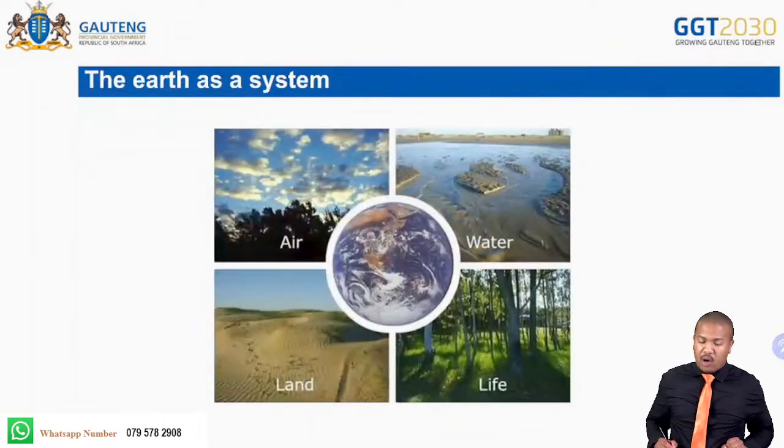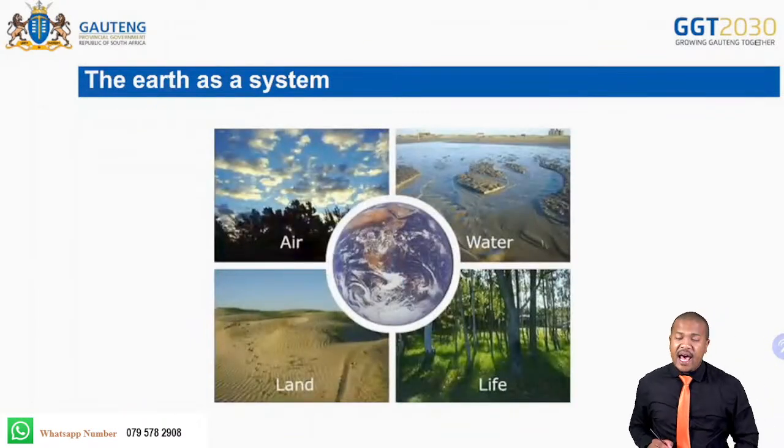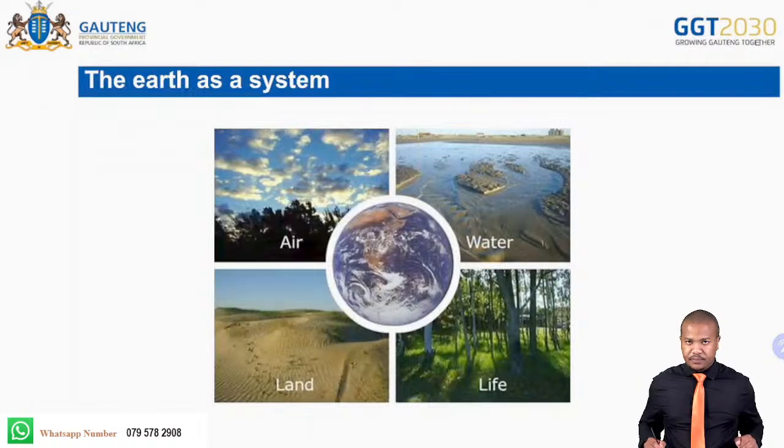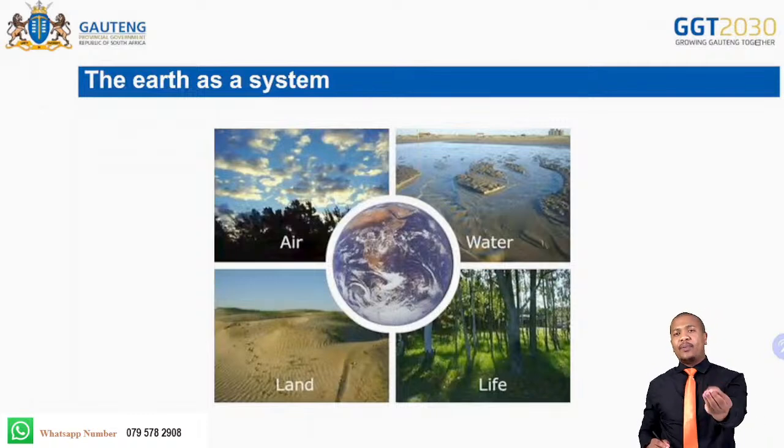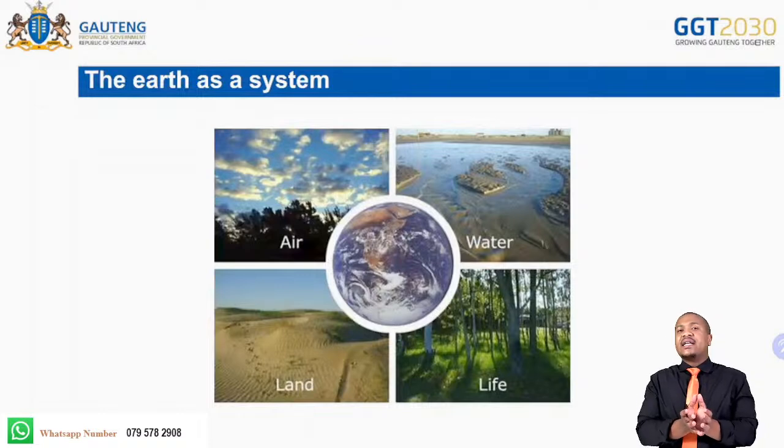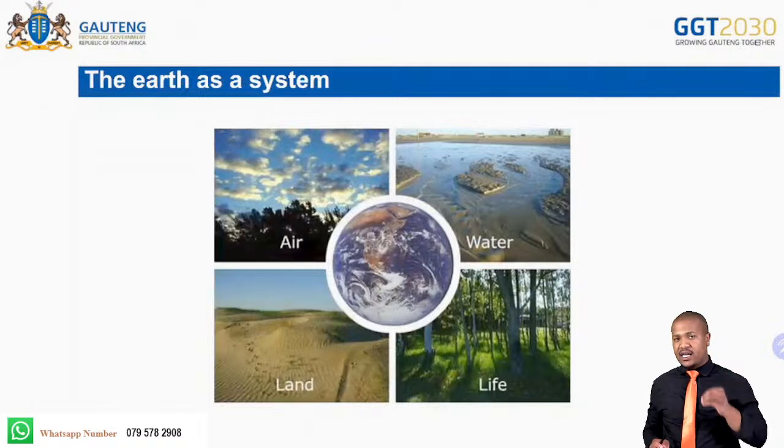So now let's get to our main meal: the Earth as a system. When you think of planet Earth, as we said in the previous grade, it is the only planet that is able to sustain life. So how is life sustained on this planet?